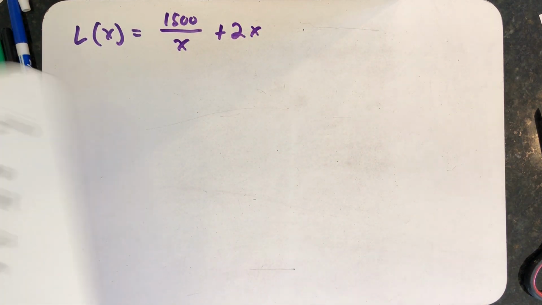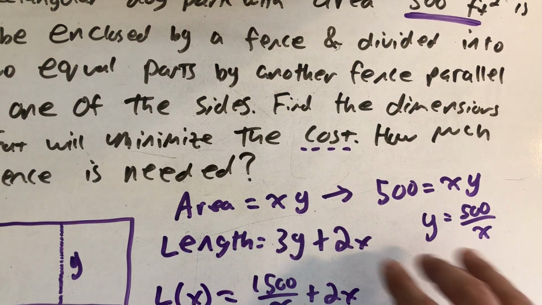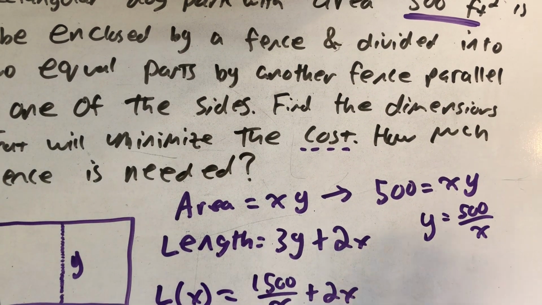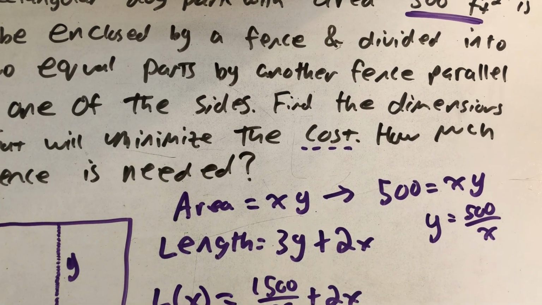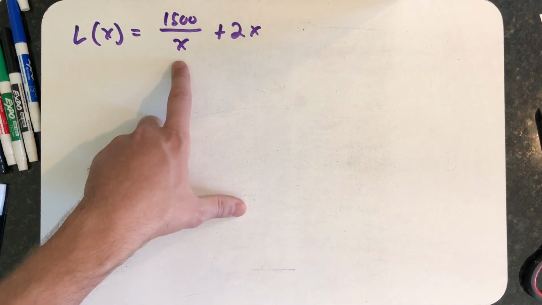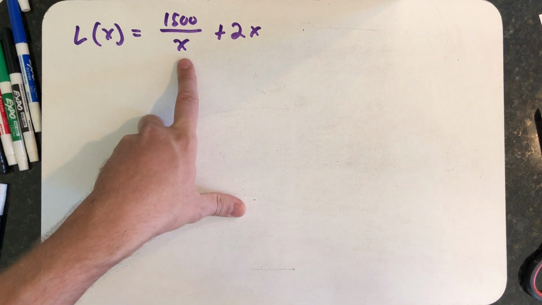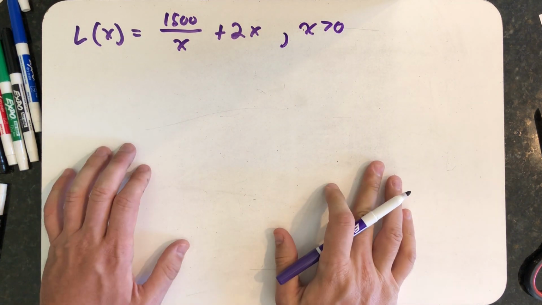I know that the square footage is supposed to be 500, but I really don't know anything about the lengths, so I don't have enough information. I will tell you that x has to be bigger than 0 because x is a length of fence. And of course, this function is not even defined at x equals 0, so I better probably tell you that x is bigger than 0.